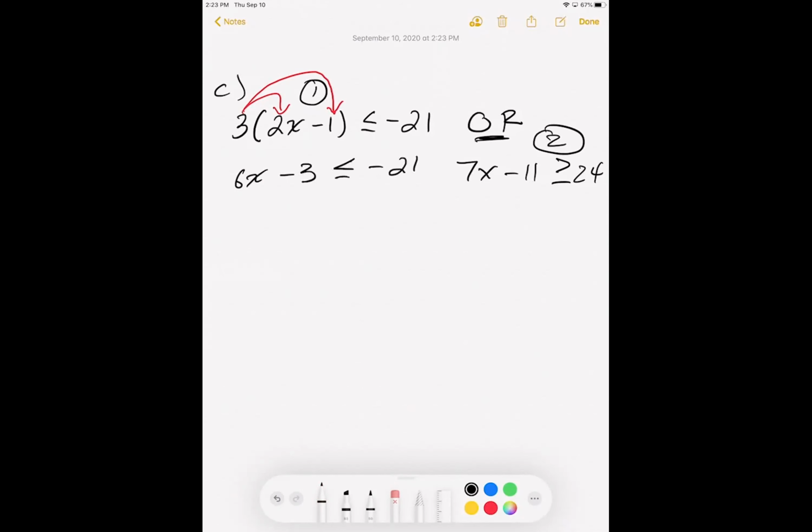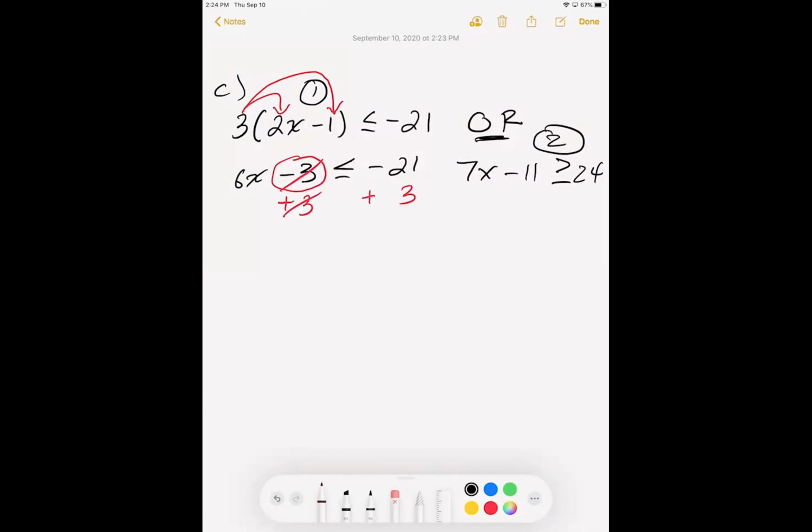I haven't done anything with the 21. I haven't done anything with the less than or equal sign. So this is what I have. And do you agree that I need to get rid of the negative 3? You can disagree, but you will be wrong. To get rid of the subtraction, we need to add.